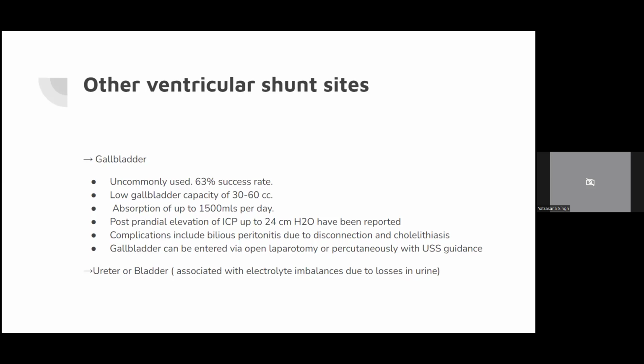It led to complications including bilious peritonitis from bile leakage due to disconnection. Postprandial elevation of intracranial pressure has also been reported. Other sites included the ureter and bladder. However, this was associated with a lot of electrolyte imbalances due to losses in the urine.